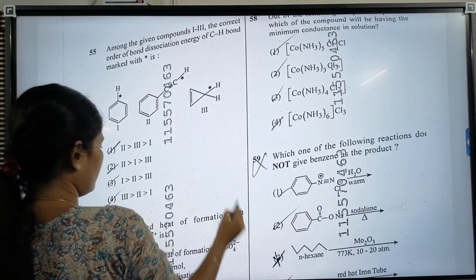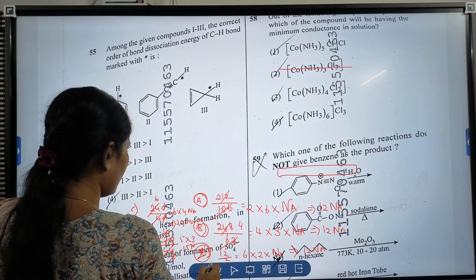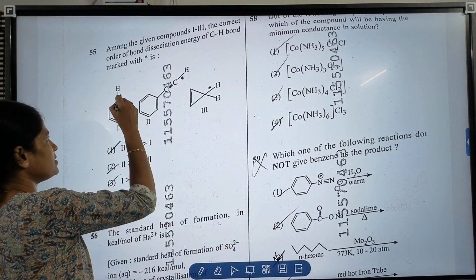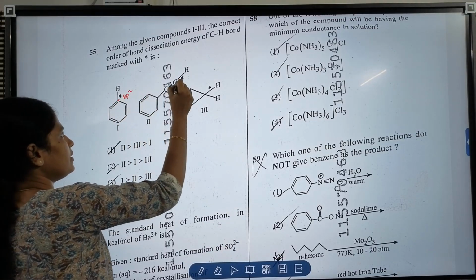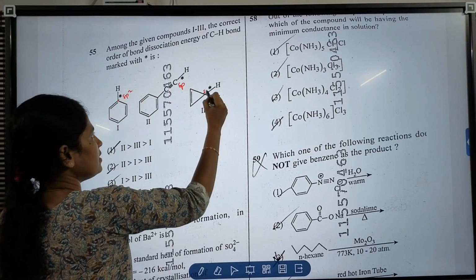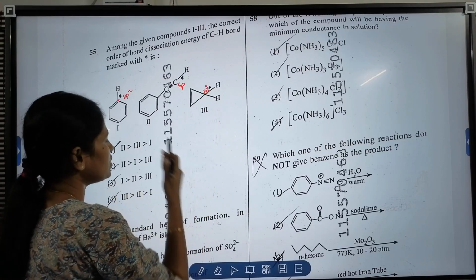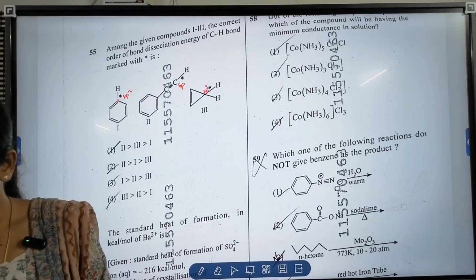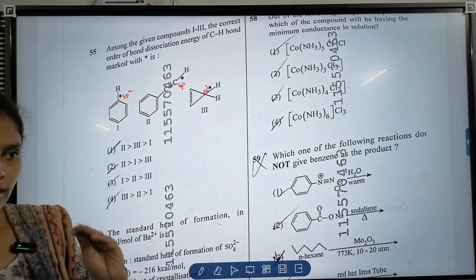And then this one, 55. Here there are a lot of confusions, but it's very simple. You just check. Here it is sp2 carbon, here it is sp, here it is sp3. Generally, they are not the same kind of compounds, like linear ones having single, double, triple bonds.